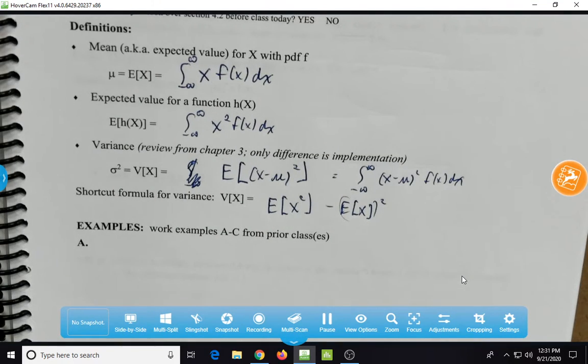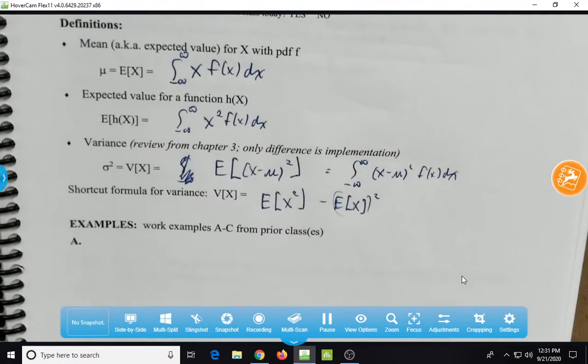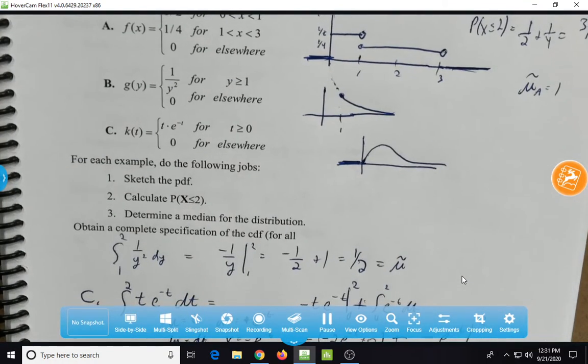So we're going to go ahead and calculate the mean and variance for all three of these. So let's go back to A so we can look at the picture. So let's calculate A, the expected value of x.